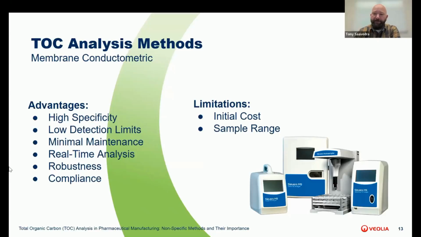So membrane conductometric is less affected by variations in the sample composition compared to other methods, making it reliable across different types of pharmaceutical waters. It's also fully compliant, meeting requirements set by pharmacopoeias and regulatory bodies for TOC analysis, such as USP <643>, the monograph for TOC, and then <1225> for validation of compendial methods.